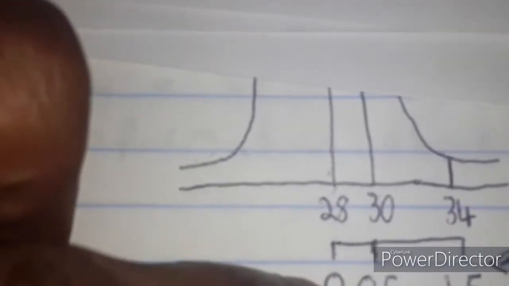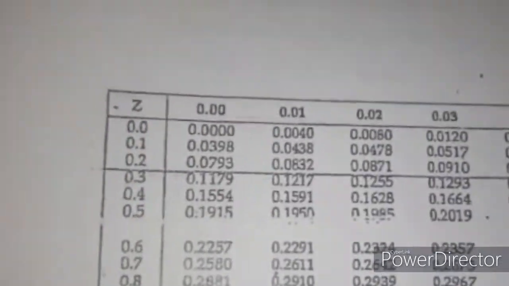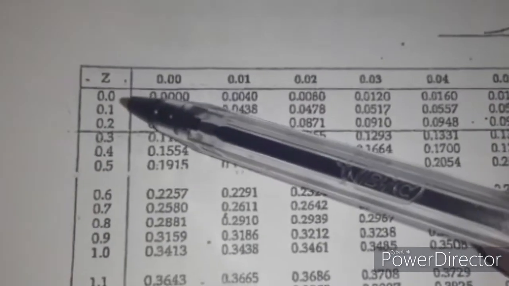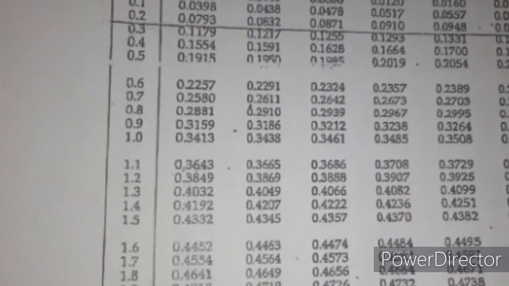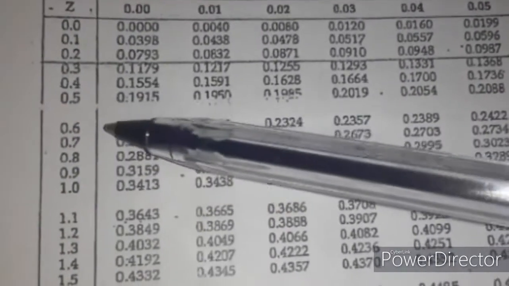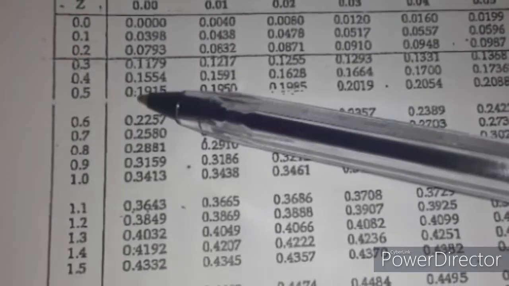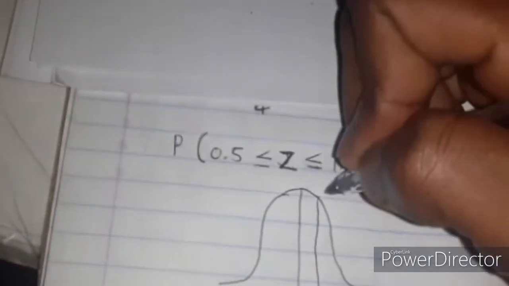So we are going to check the probability of 0.5. There's Z on this table. Then let's go to 0.5. There's 0.5. So the probability of 0.5 is 0.1915.